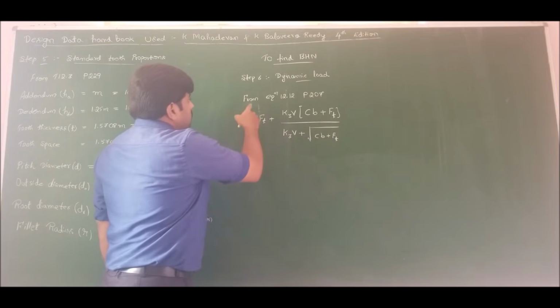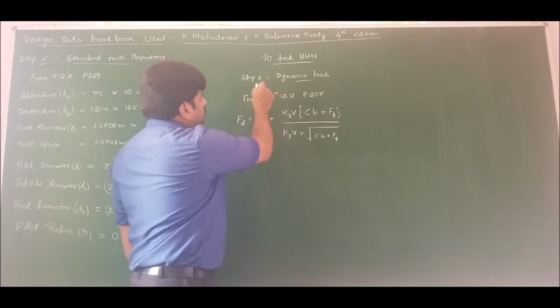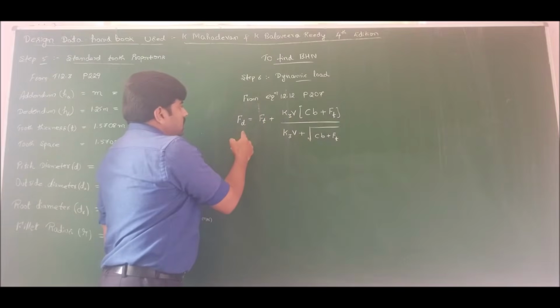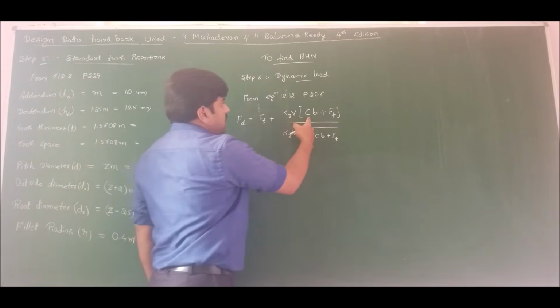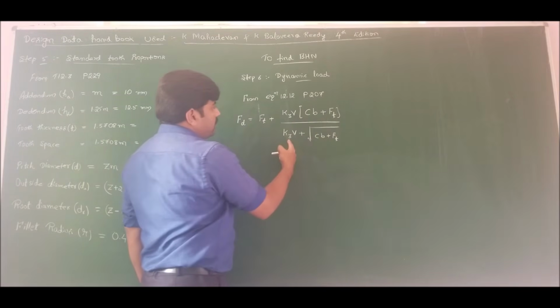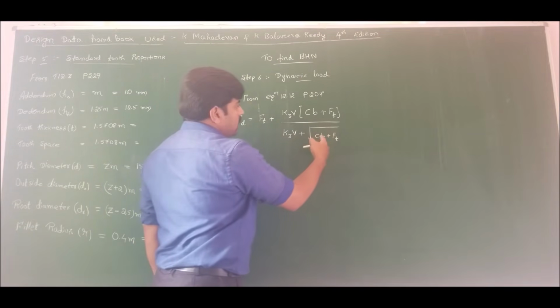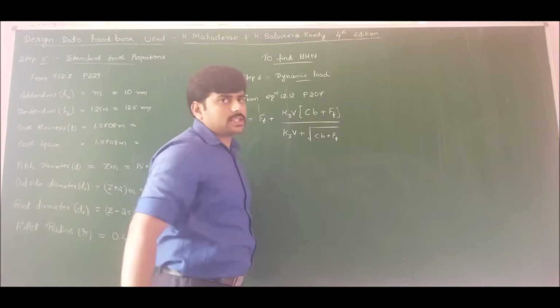Now, from equation 12.12, page number 207, we have the formula for dynamic load. The formula for dynamic load is given by Ft plus K3V into C into face width plus tangential force, divided by K3 constant into velocity V plus under the square root velocity factor C face width B plus tangential load.